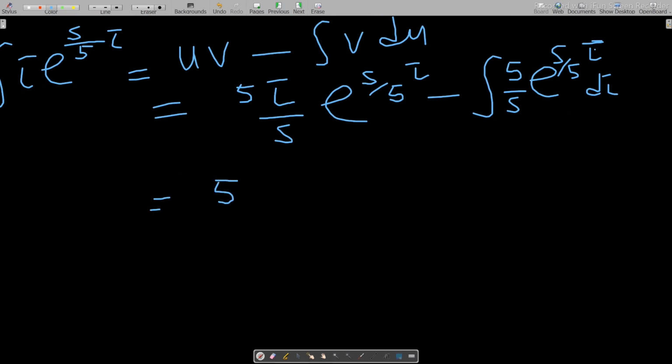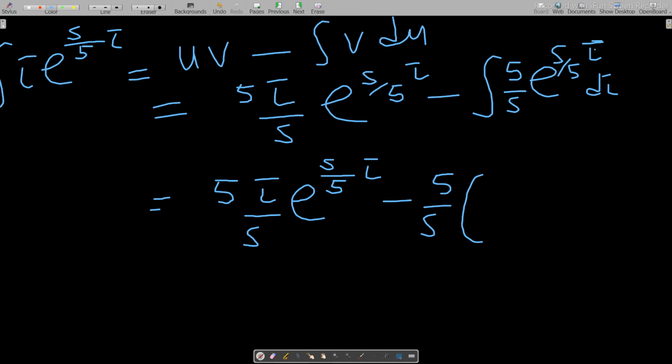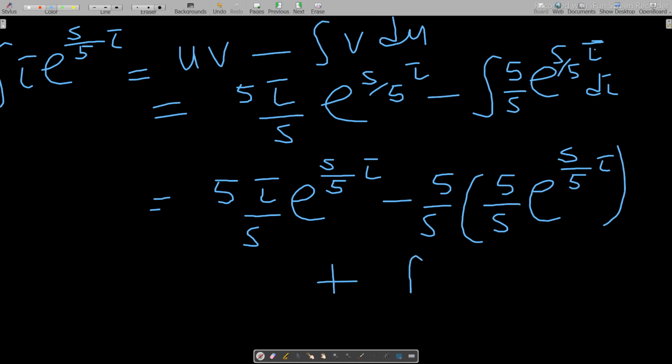5 tau over s e to the power s over 5 tau minus, then I have 5 over s, and I integrate e to the power s over 5 tau, I'll still get something like 5 over s e to the power the same s over 5 tau plus some constant c, and the constant, since we are integrating with respect to tau, is an arbitrary function in terms of s.